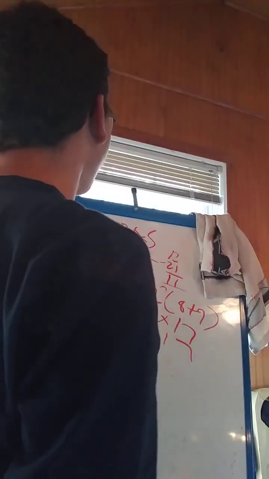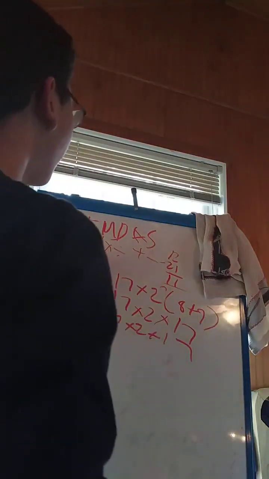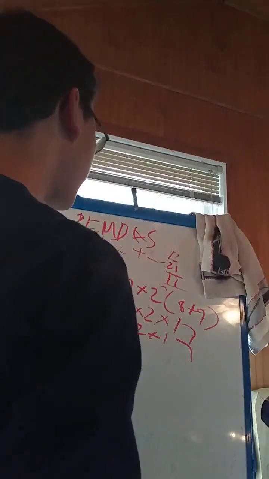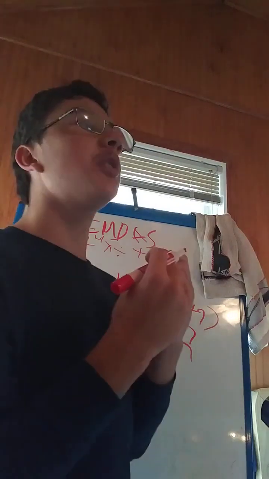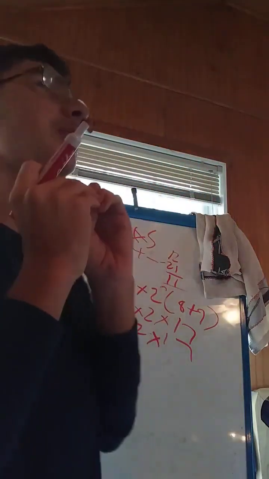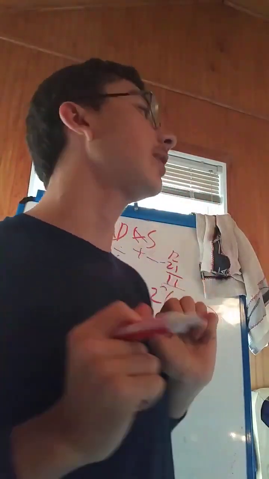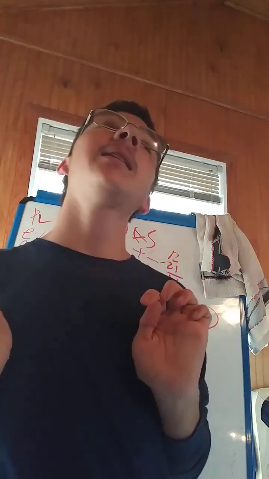Now what we have left is MDAS. So now we're looking for multiplication. Any multiplication? Yes, there is, and it's gonna look confusing. So when you have two equations with two numbers in each equation that are solving for the same thing, we would move from left to right.